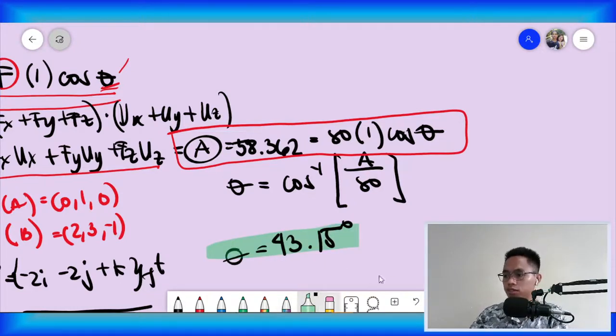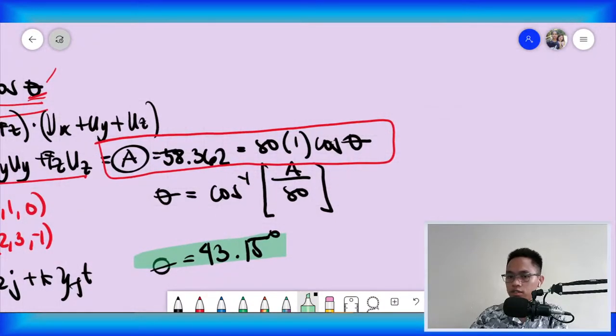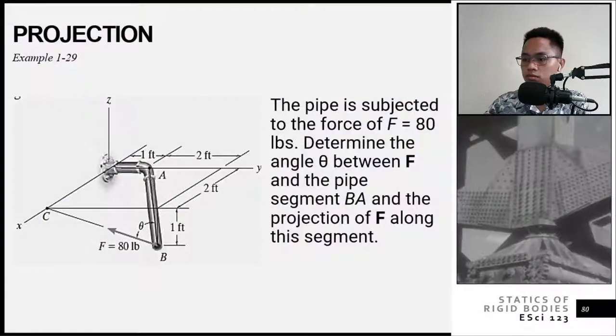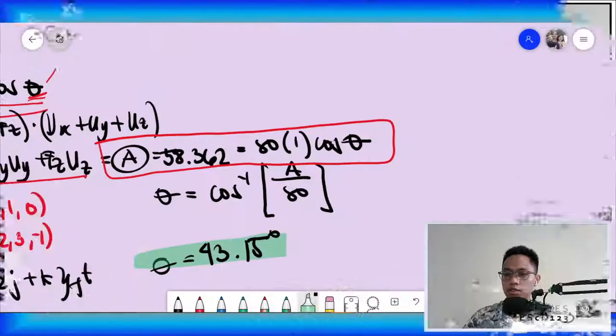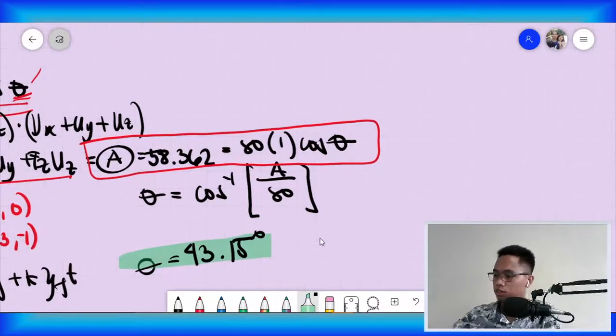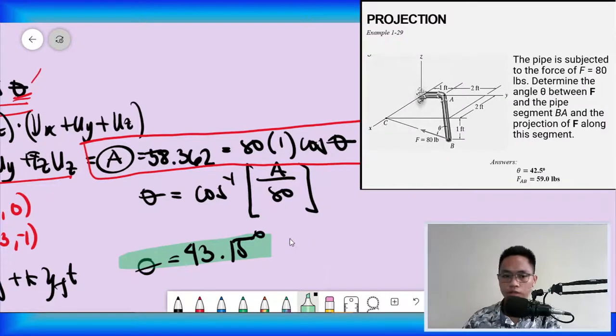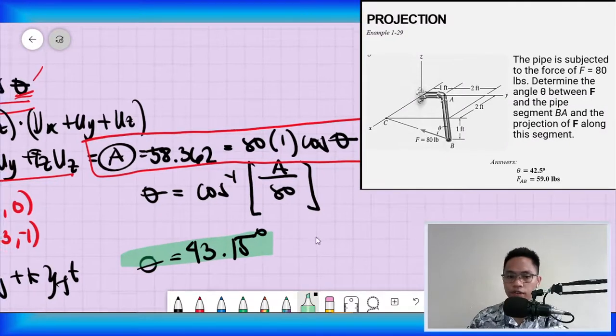Okay, so let's check if our answer is correct. The angle is 59. Sorry, 42.5. Let's check if the answer is right. Yeah. The answer is 42.5.